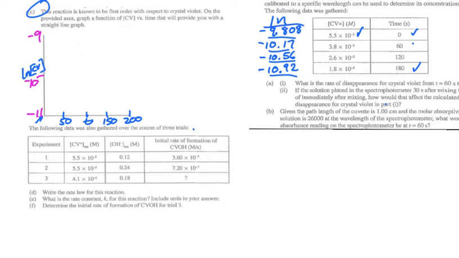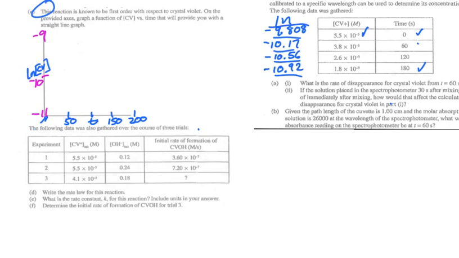So let's start plotting our data. I'm going to do the first one, and then we can kind of skip it from there. The first data point is 0 and negative 9.08. So 0 time is right here, and negative 9.08 would be right about there.